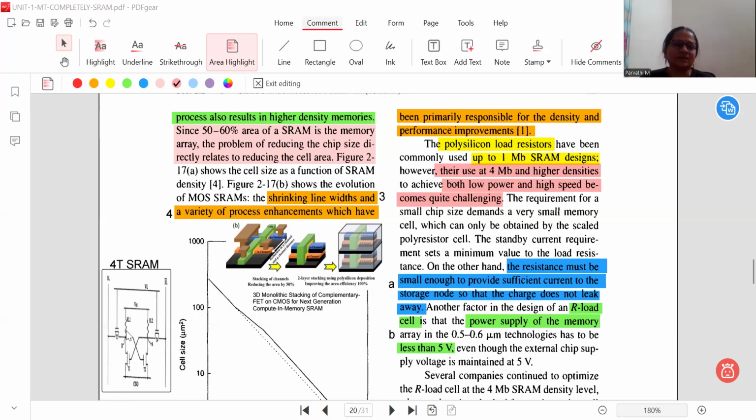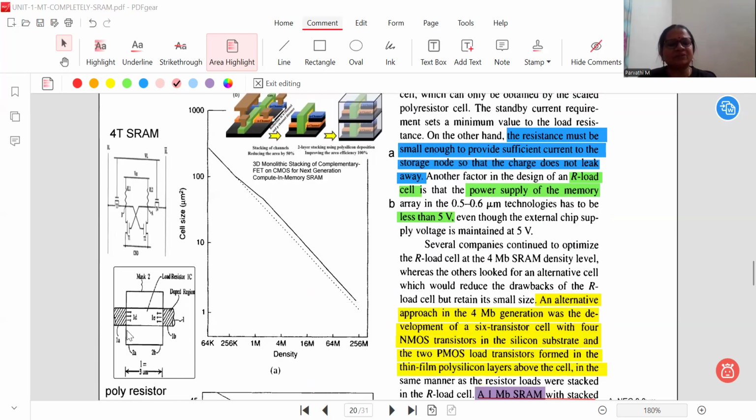These resistances are nothing but poly resistance. In the fabrication of the poly resistance, if you observe, it requires a doped region on the left hand and right hand side, and in the middle it is a load resistor. So this is where the poly resistor fabrication is done, and this is a mask too.